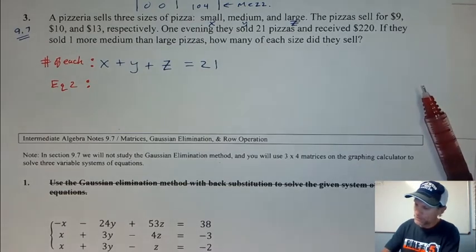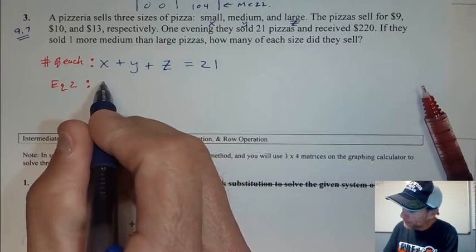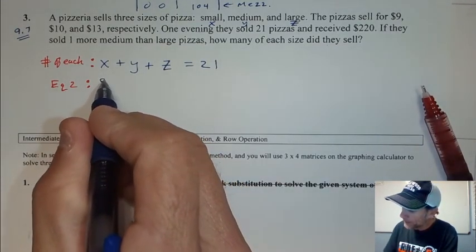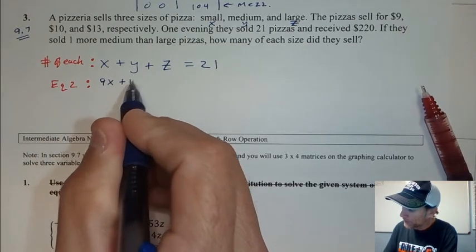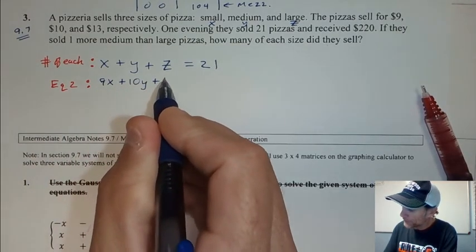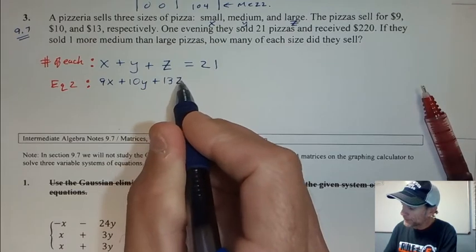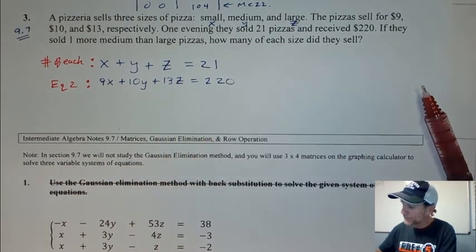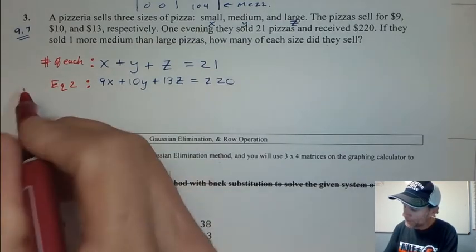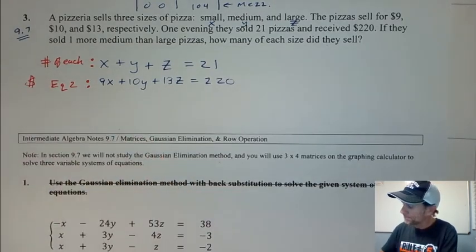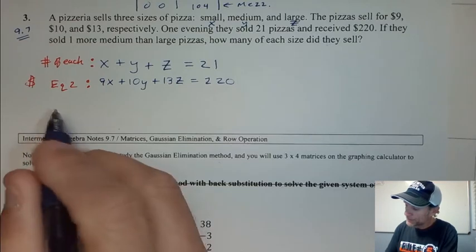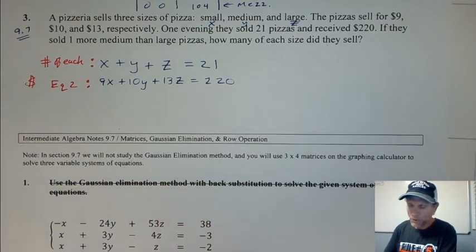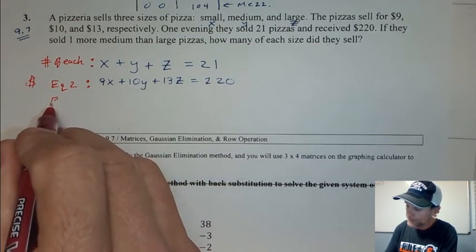Well, that's similar to the problem we just did. And the value, we can do $9 for the small, $10 for the medium, $13 for the large, and they brought in $220. So that second equation involved the money. And then the third equation, we get our more minus less equals difference.